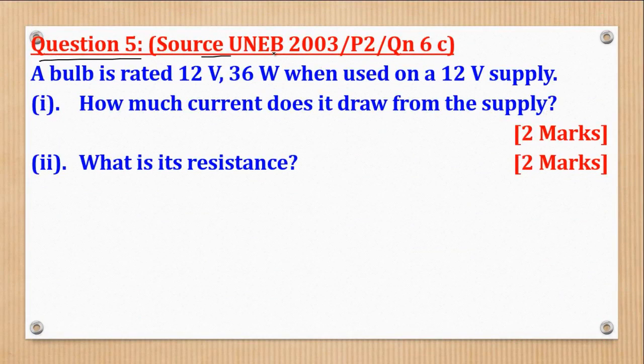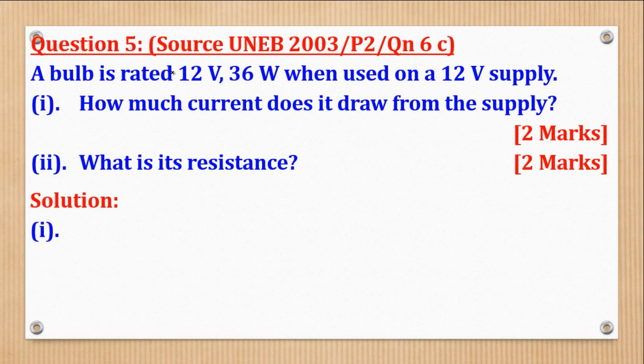Then question 5 came from UNEB 2003 paper 2 question 6c, and it says a bulb is rated 12 volt 36 watts when used on a 12 volt supply. Roman 1, how much current does it draw from the supply? And Roman 2, what is its resistance?